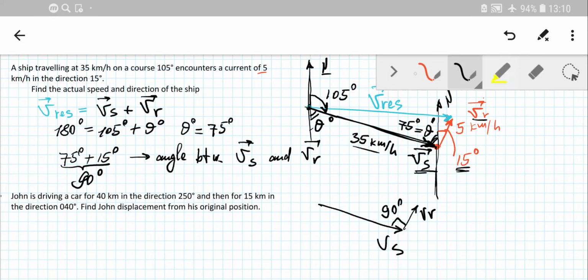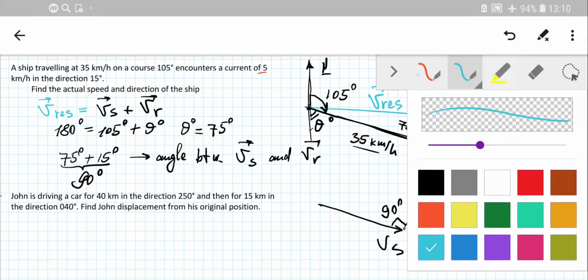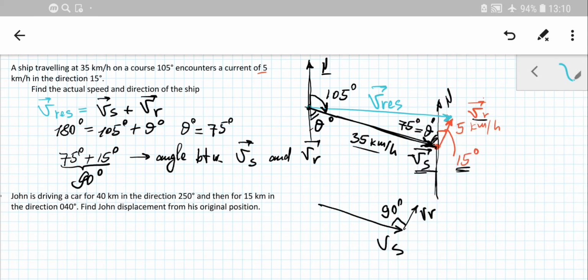Hence, the triangle formed by V resultant, Vr and Vs is a right triangle. So we can apply the rule in order to find the hypotenuse. V resultant is basically the hypotenuse in this triangle, right?